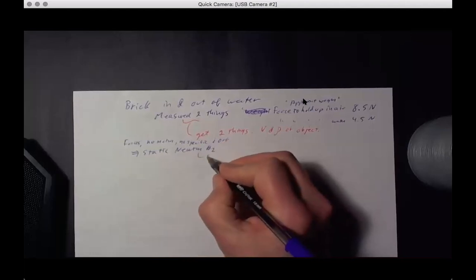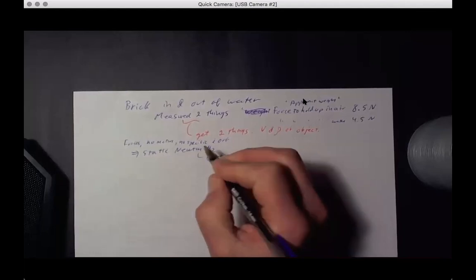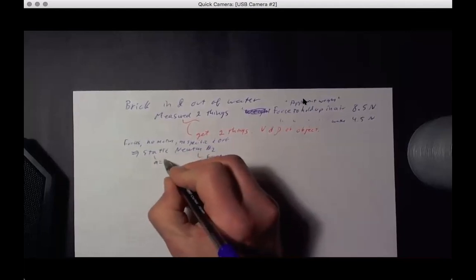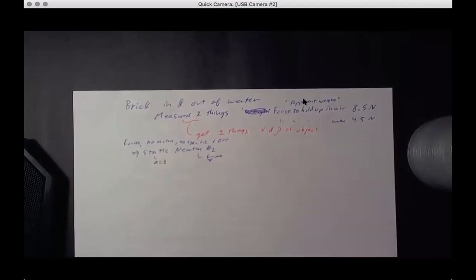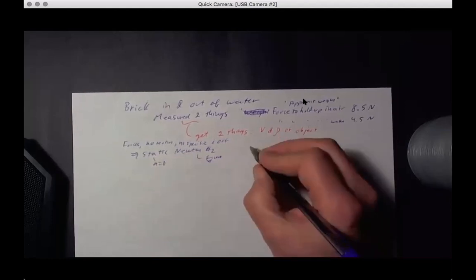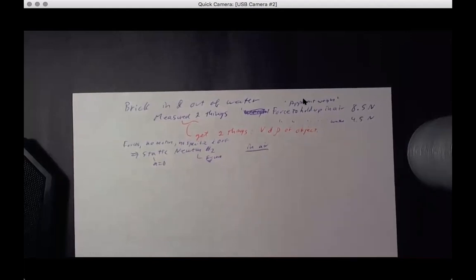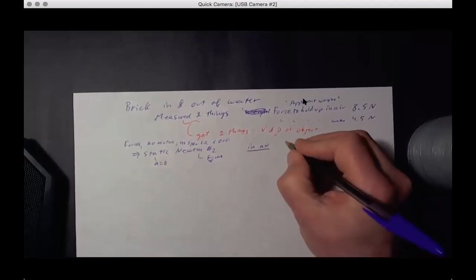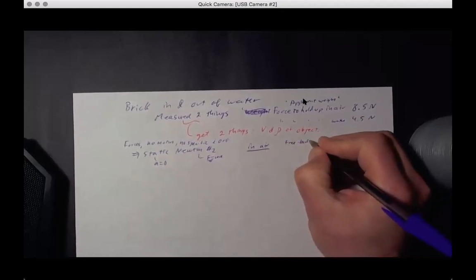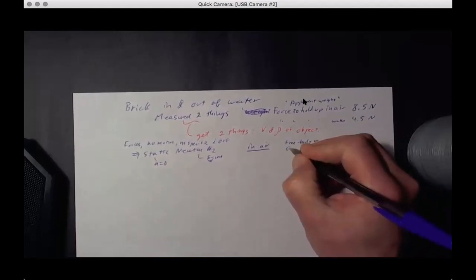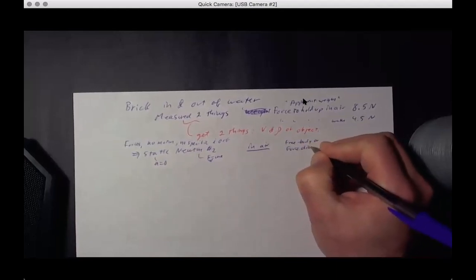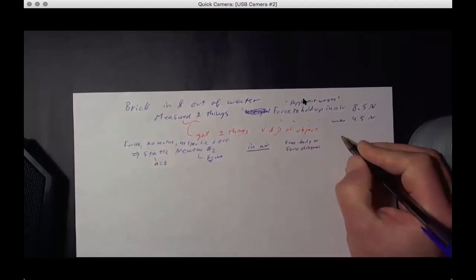So think about F net equals ma, and a is equal to 0. So we draw the free body diagrams. So in air, these are the free body or force diagrams. And in the water.